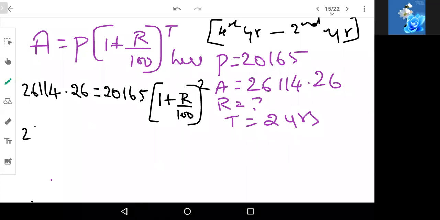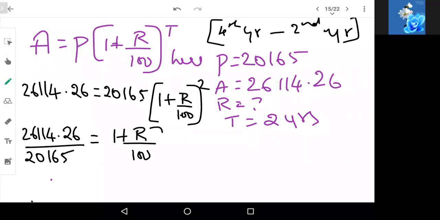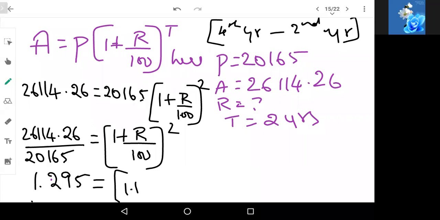So 26,114.26 divided by 20,165 is equal to 1 plus R by 100 to the power 2. Now here you will be getting 1.295 is equal to 1 plus R by 100 to the power 2.